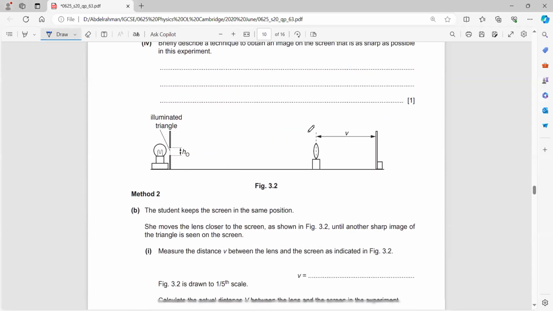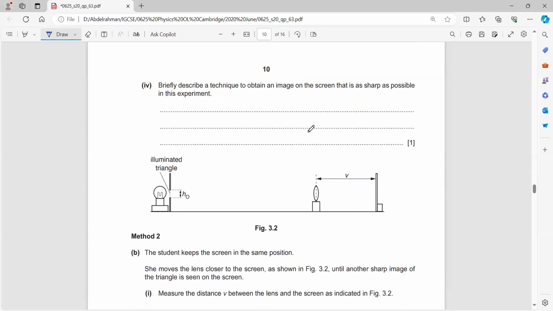Briefly explain or describe the technique to obtain an image on the screen that is as sharp as possible. There's a simple technique. What do we do? We always said move. So we have to move the object, or the screen. Use a dark room? Using a dark room is one of the precautions.